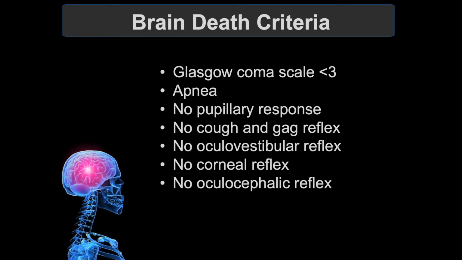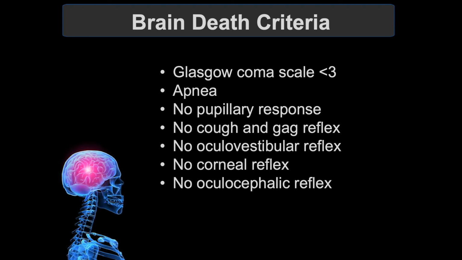This includes a Glasgow Coma Scale of 3, the presence of apnea despite no respirations being provided, no pupillary response, no cough or gag reflex, no oculovestibular reflex, no corneal reflex, and no oculocephalic reflex.